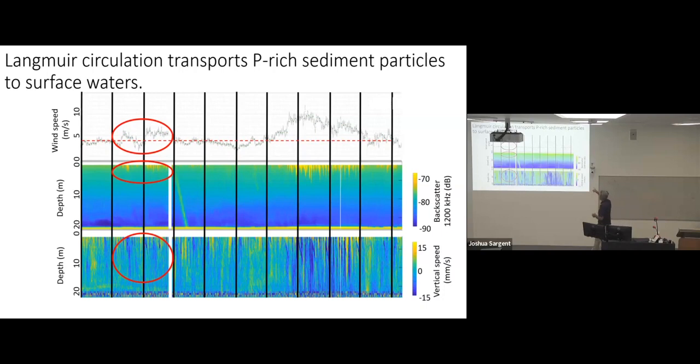And if we look at our backscatter concentrations, for example, we can see it pulling material from the surface of the water down deep. And I mean, we also see some other interesting things in pulling it up. This vertical line here is just our ADCP capturing our vertical profile, lowering the sensor through the water column there.